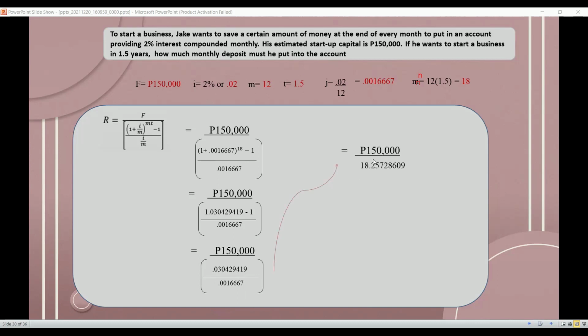So, what we get is 18.25728609. Then, we divide our F by our denominator.